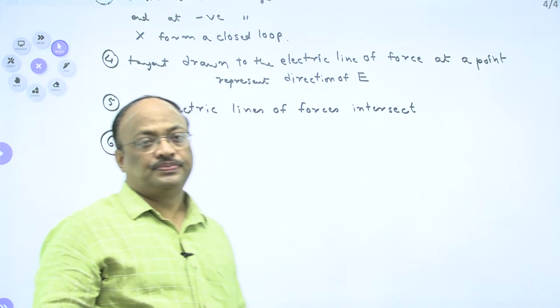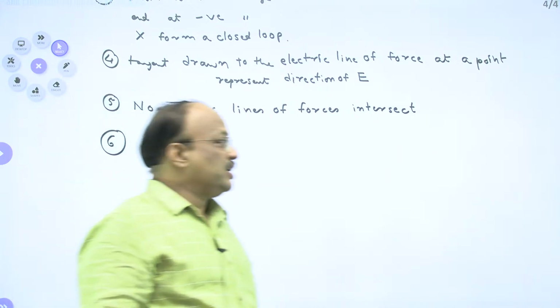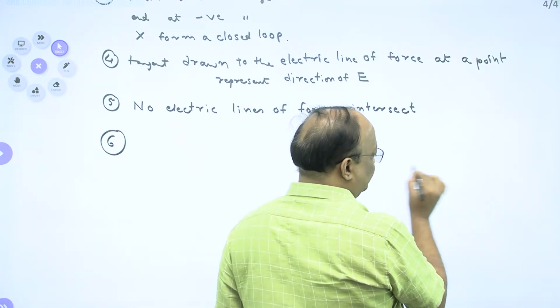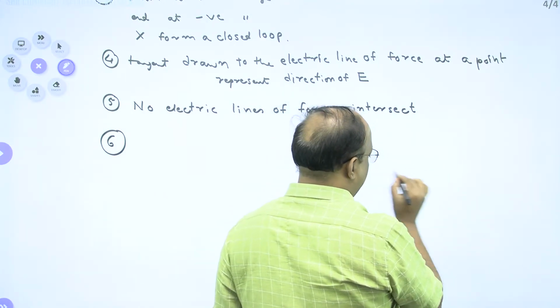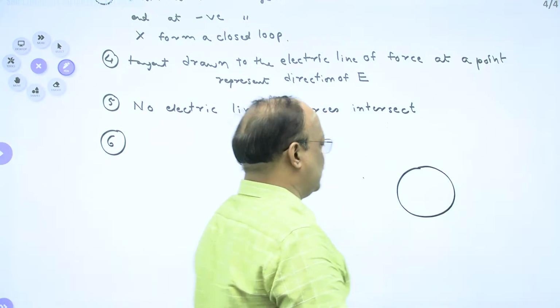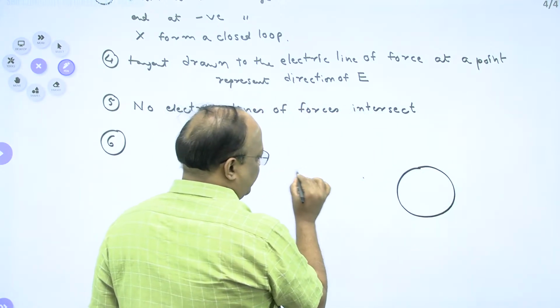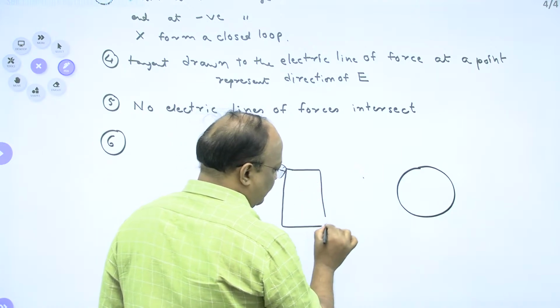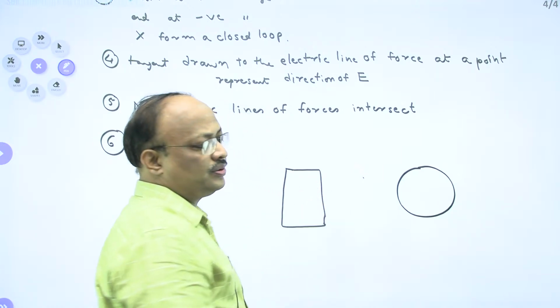So next, if we have a charged conductor, like this, it may be spherical in shape in this way, or it may be like this.